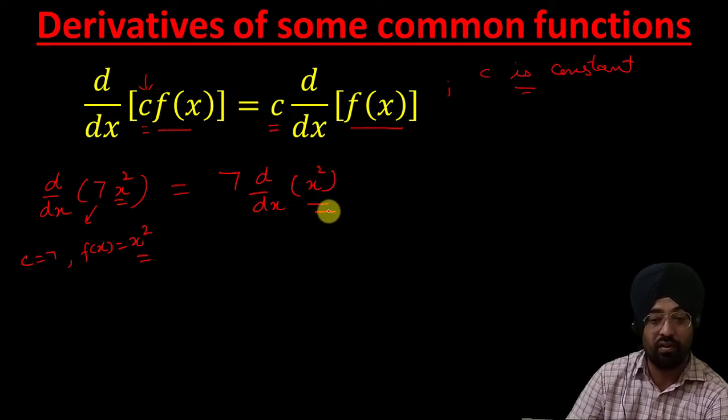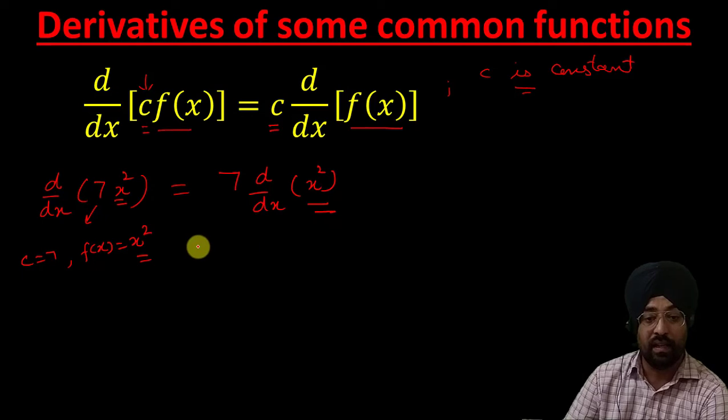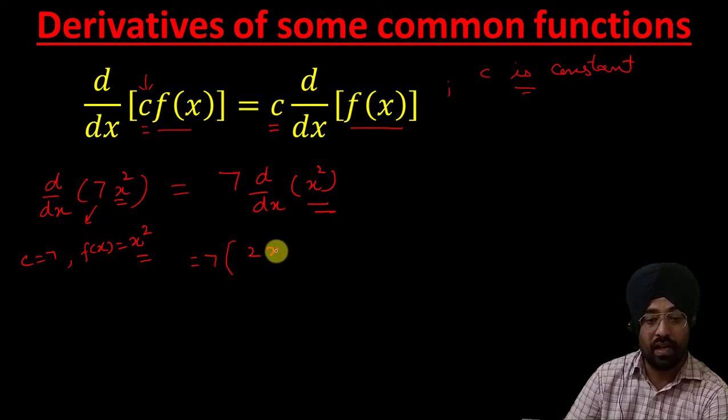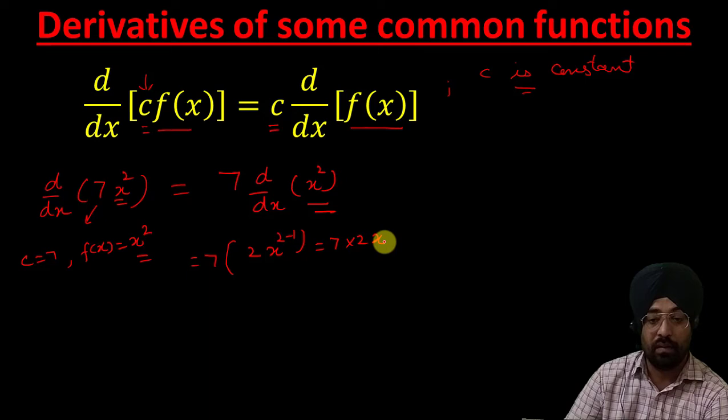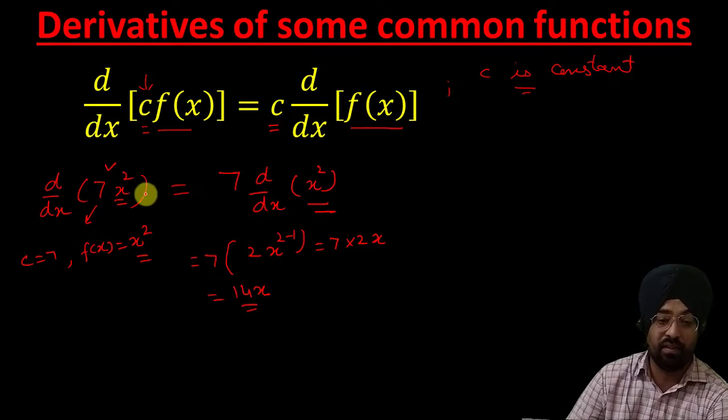Now d by dx of x square we have already done, so it will become 7 into 2x to the power 2 minus 1, or we can say 7 into 2x to the power 1, 2x, so it is 14x. So the value of its derivative is 14x.